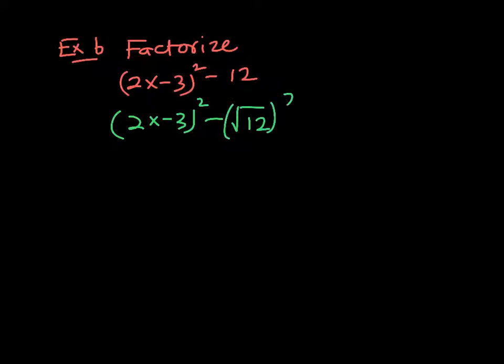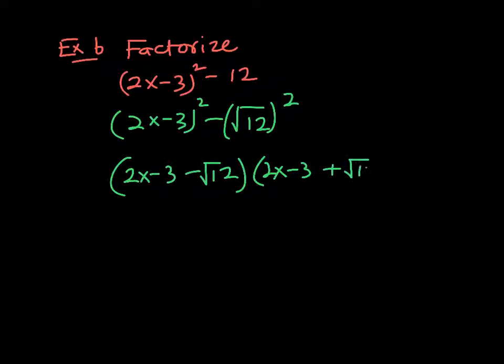Okay, and then we can express this as 2x minus 3, because it's a unit, you write it as a unit, minus root 12, into 2x minus 3 plus root 12.